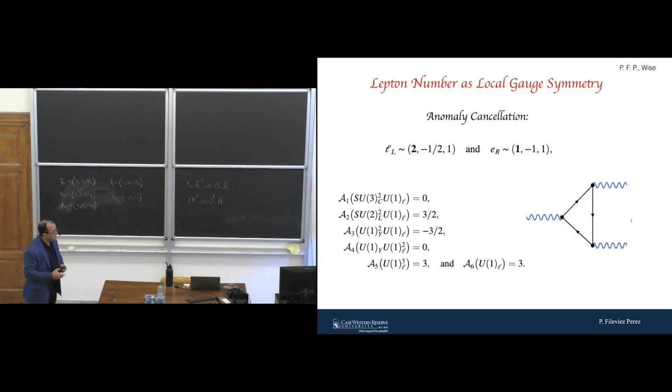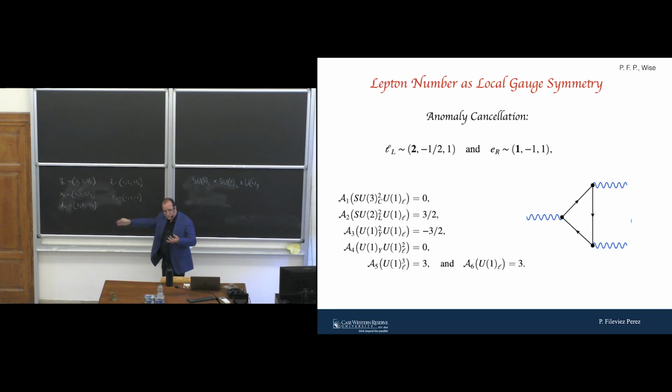Now you can ask a very simple question: can I write a theory? In the standard model of particle physics, the rules of the game are that you have the gauge symmetries and you have the different multiplets, how they transform.